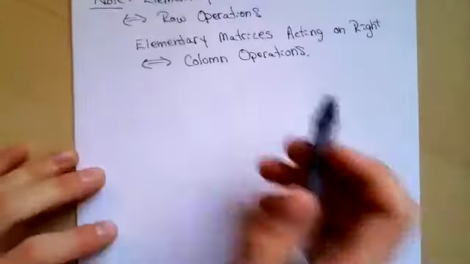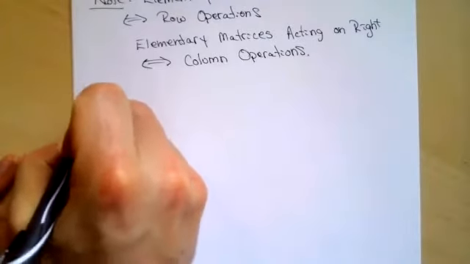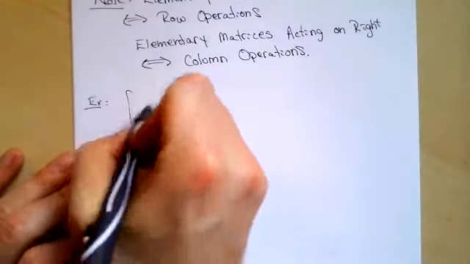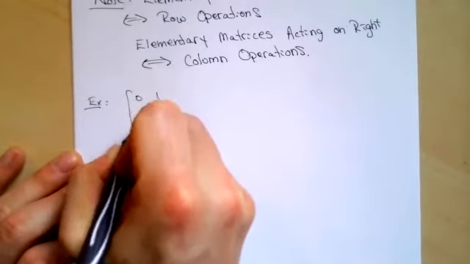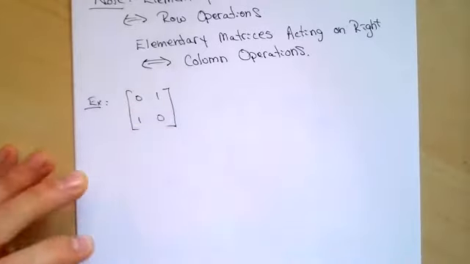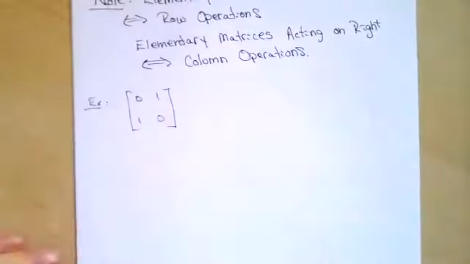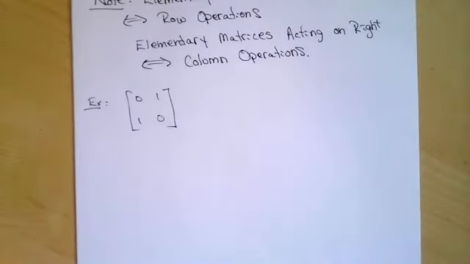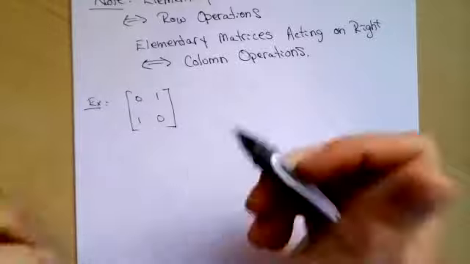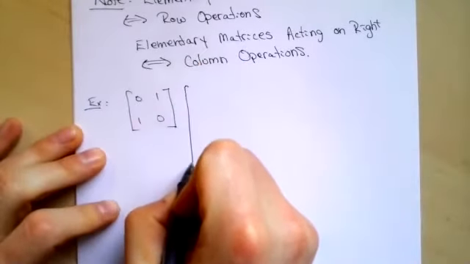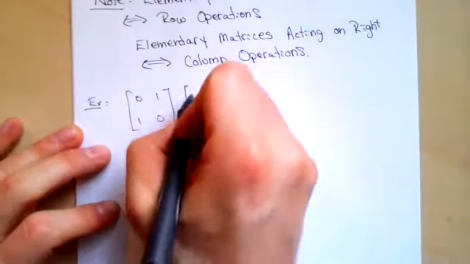So just as an example, if we switch rows 1 and 2, so we've got rows, so take the identity, switch the rows, so just a 2 by 2, and let's actually act on a 2 by 3.